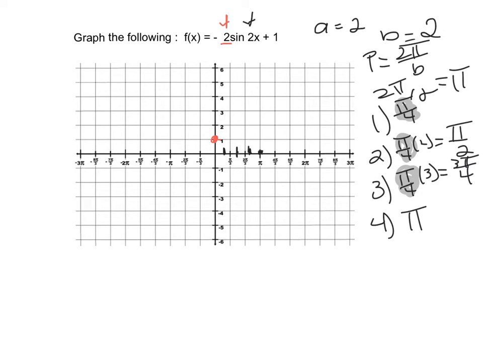So from 1, where I'm starting, to the first slash here, I'm going to go down 2. So I'm going to have a point here. And then I'm going to go back up 2 to the next slash, which is over here. Up 2 would bring me right back to where I was a minute ago.